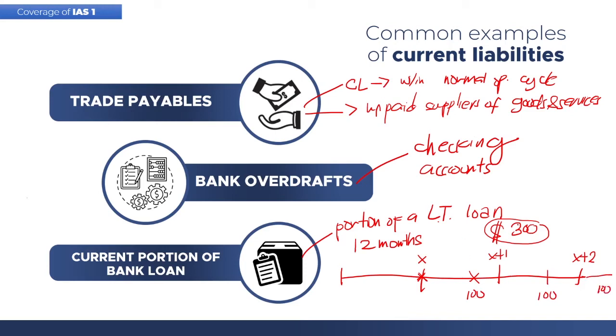So your long-term loan is actually split into two: the one that is current, which is the 100 here, and the 200, which is non-current, the other 200 in the succeeding years. So the first 100 is actually qualifying as a current loan, even though the whole loan is actually long-term in nature.